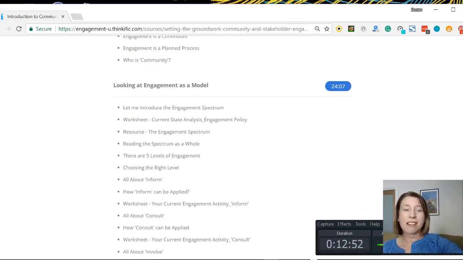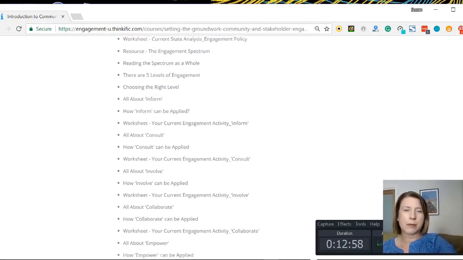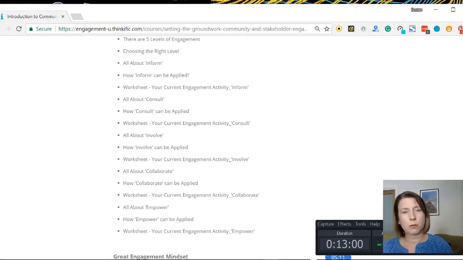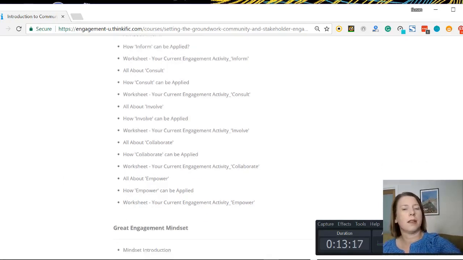We look quite a lot at community engagement as a model, and as I say, we go through each of those, and there is a worksheet on each of those for you to take a look at with what the current state of any of those tools that you are using in your project at that moment. So you'll have a full current state of what you are doing at the moment.